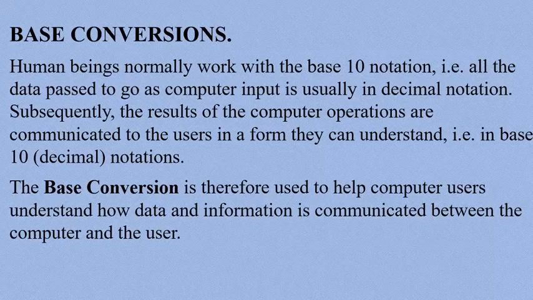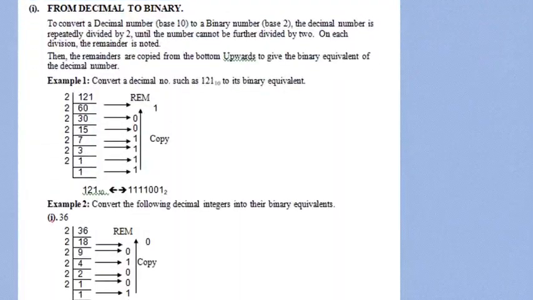The base conversion is therefore used to help computer users understand how data and information is communicated between the computer and the user. Let's start by looking at how we convert decimal to binary. Remember, decimal is a number with base 10, whereas binary is a number with base 2. Our first activity is to convert a decimal number to binary.